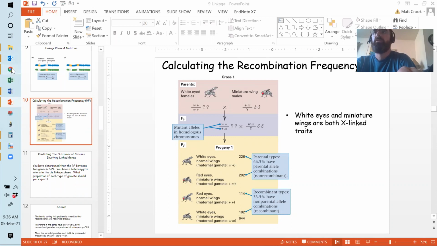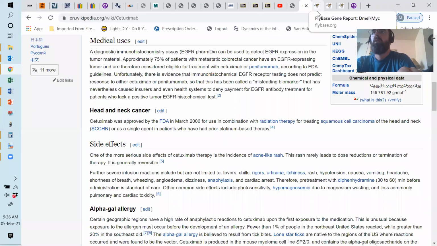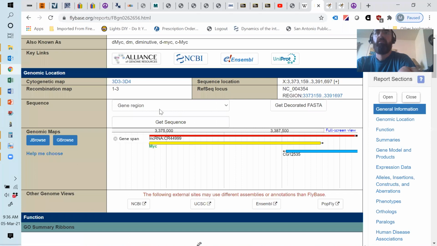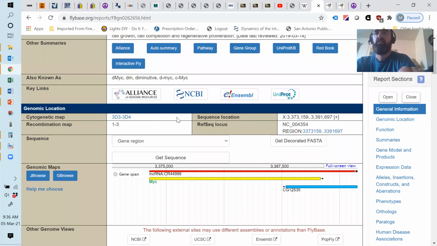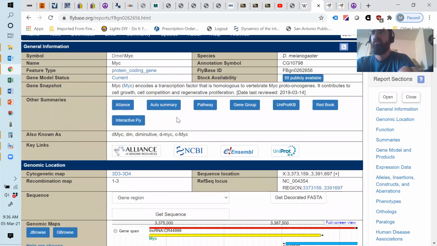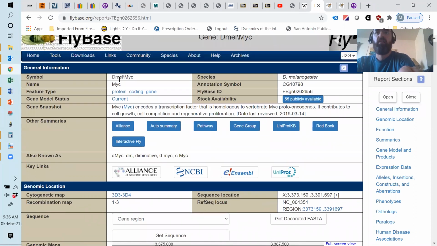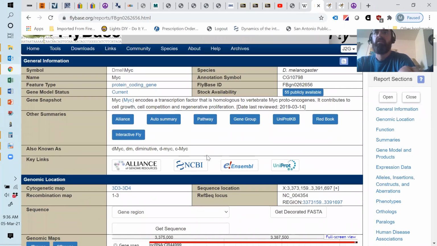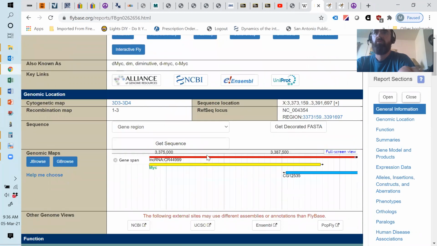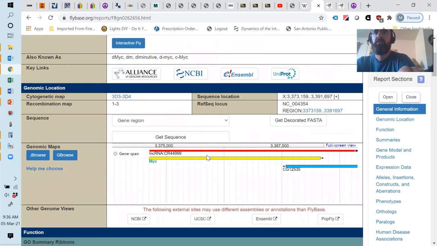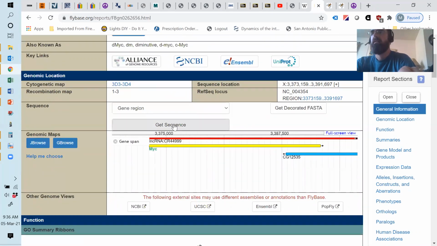So I went to FlyBase, Drosophila melanogaster. I actually even had a fly in front of my screen then. This is diminutive males, yes, and I did the same for the other ones.